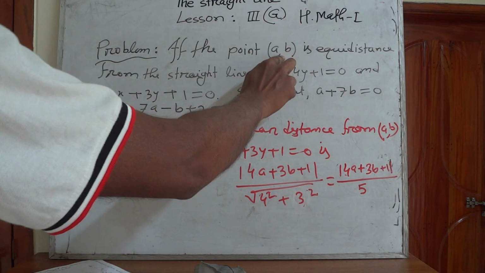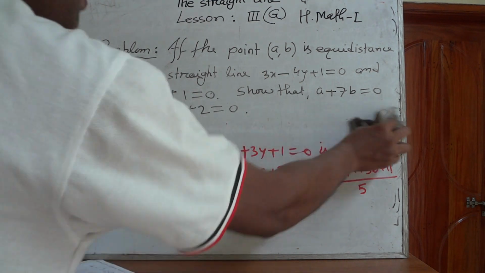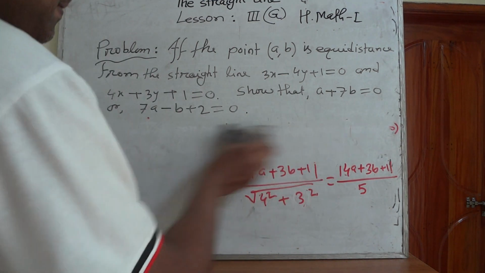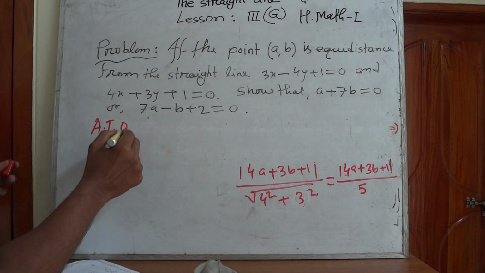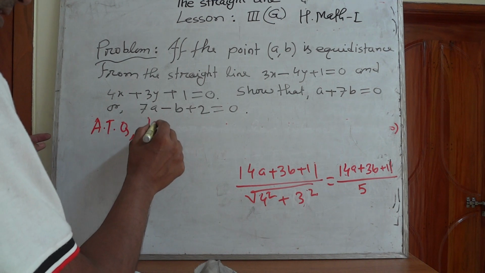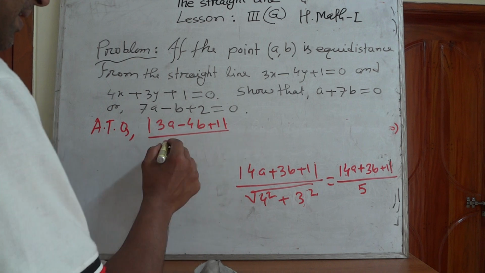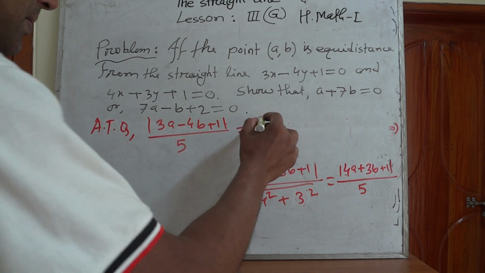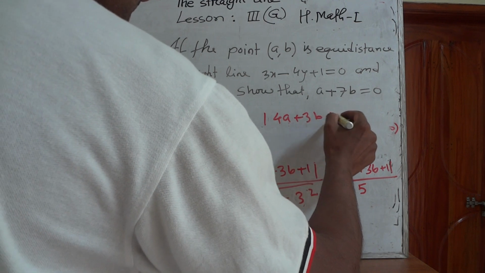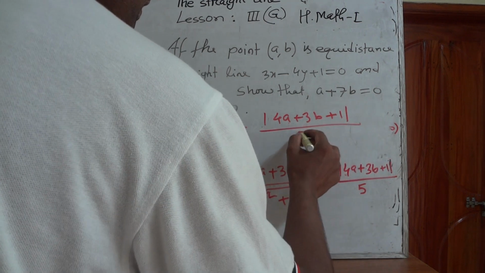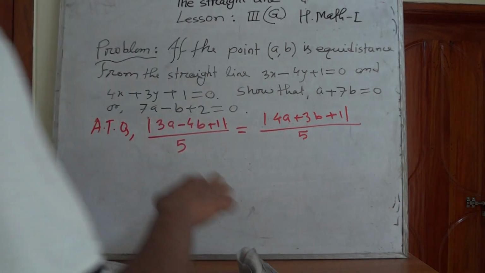As the point (a, b) is equidistant from this and this, according to the question we can write the absolute value of 3a minus 4b plus 1 divided by 5 equal to the absolute value of 4a plus 3b plus 1 divided by 5. On both sides we can cancel this and this.